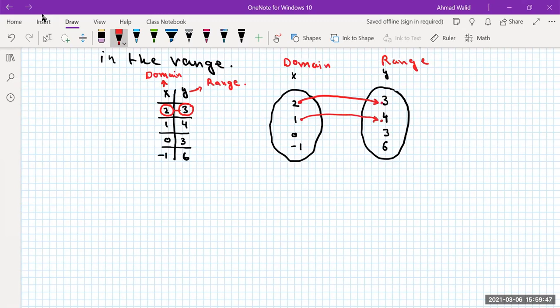When X is 0, Y is 3. When X is -1, Y is 6. Each element in the domain has exactly one element in the range. Correct?